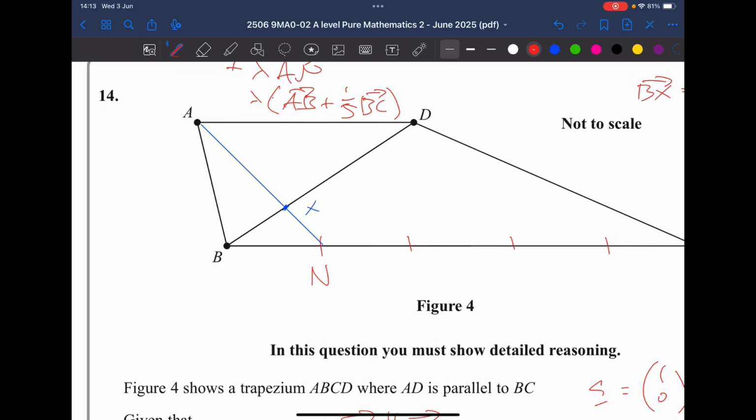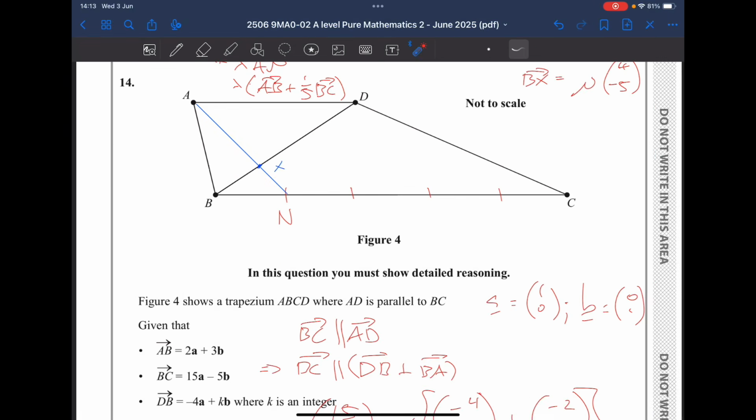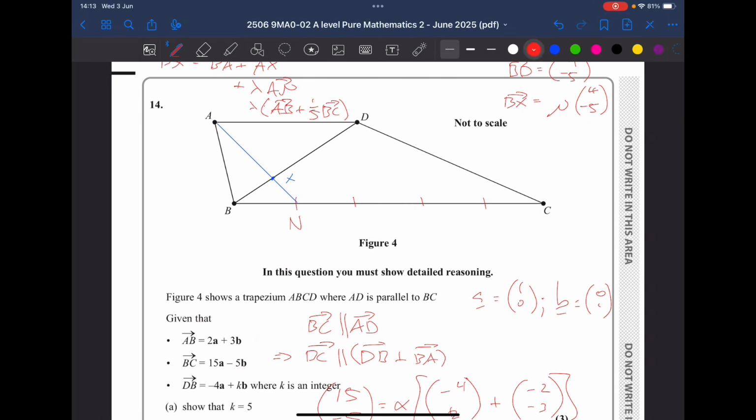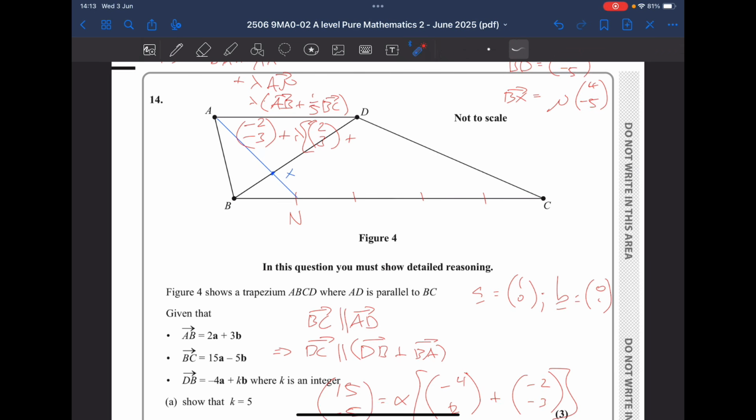And now just go and work all those bits out. So what was B to A? That's going to be minus of this, so that's going to be minus 2, minus 3, plus lambda lots of A to B, which is 2, 3, plus a fifth of B to C. So a fifth of this, 3 minus 1.